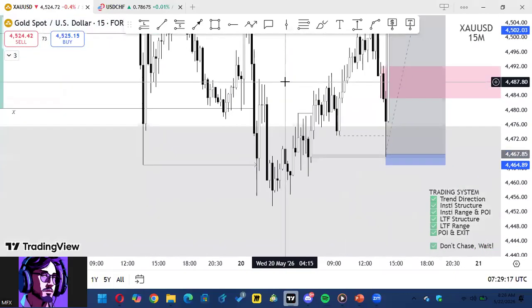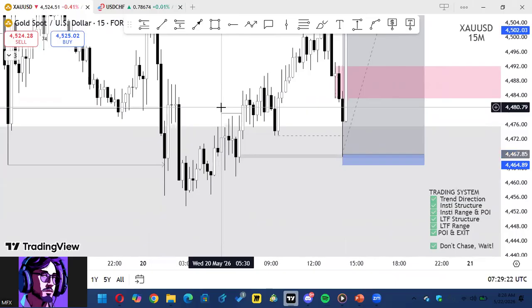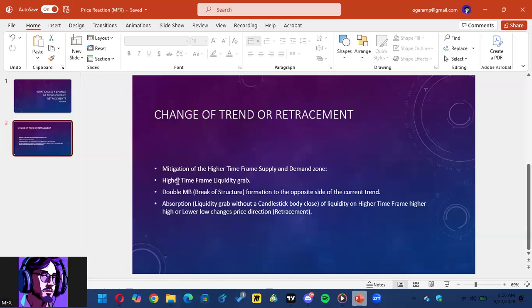After I saw that price was rejecting this and failed to create a break of structure, I knew based on this study and this rule that absorption, a liquidity gap without a candlestick body close, can also change the trend or cause a retracement. Coupled with a higher time frame liquidity gap and mitigation of a higher time frame supply or demand zone.